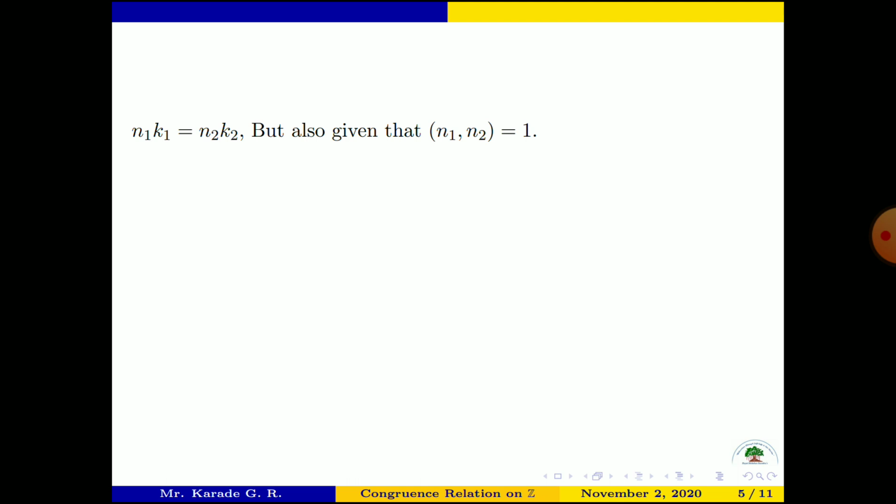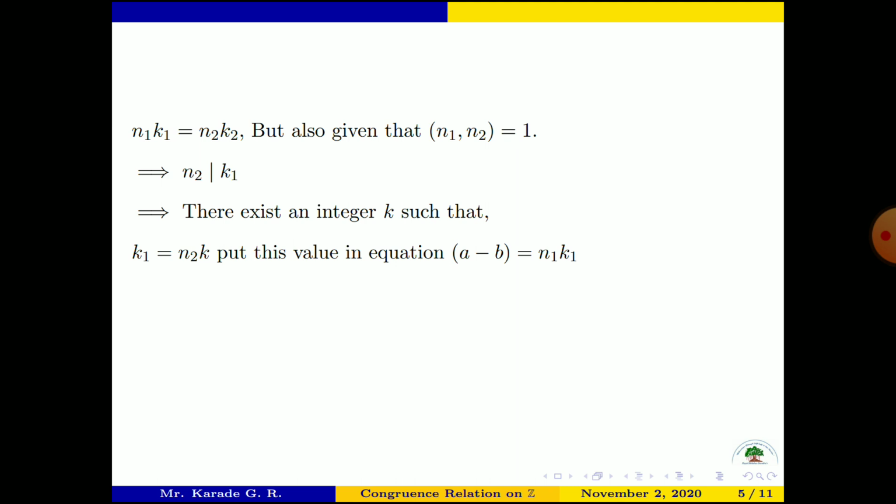Therefore, we can say that n2 must divide k1, which means k1 must be a multiple of n2. Therefore, there exists an integer k such that k1 is equal to n2 times k.